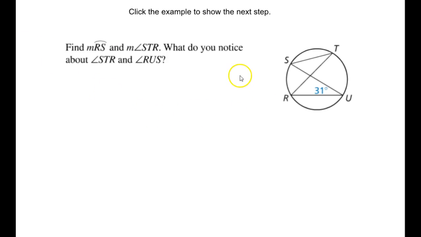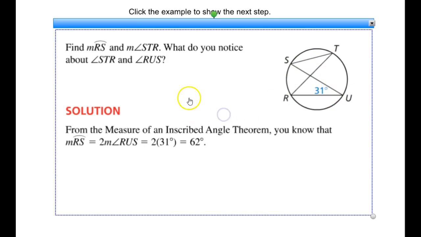So now let's look at this next example. I'm asked to find the measure of arc RS, and the measure of angle STR, this angle right up here. Then we have to figure out what we notice about STR and RUS. What do we see about those two angles? The first thing I want to do is find the measure of my arc, SR or RS.